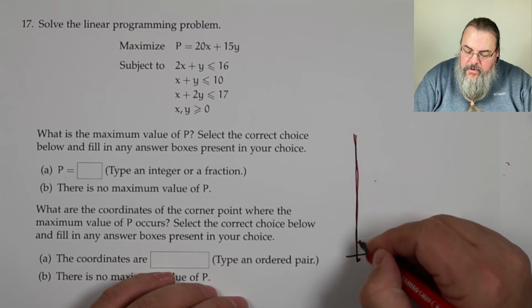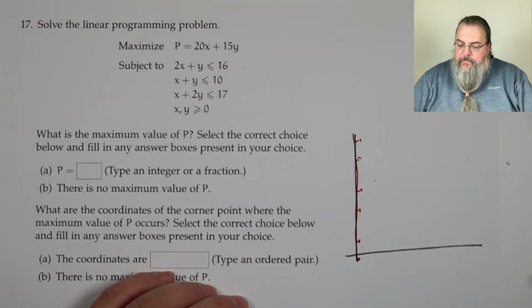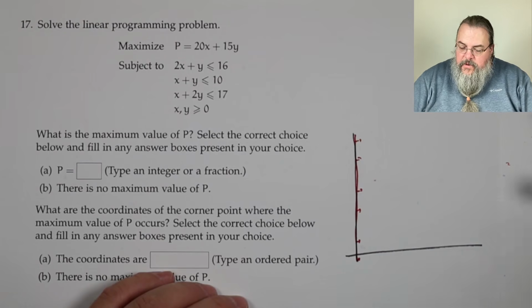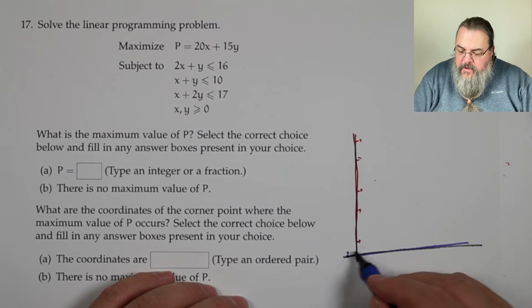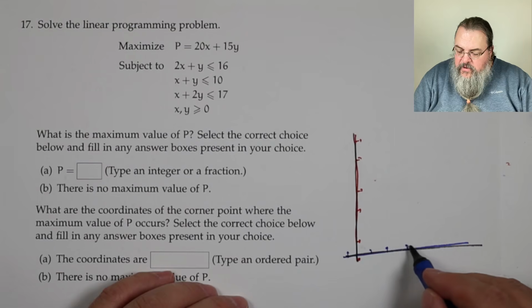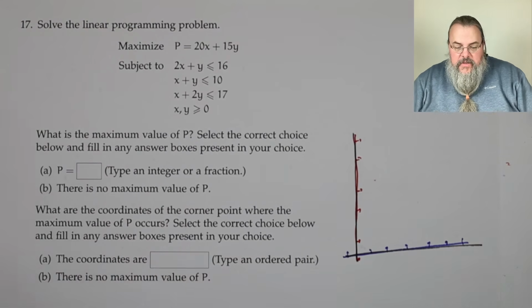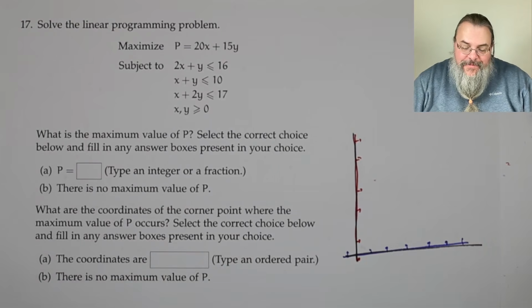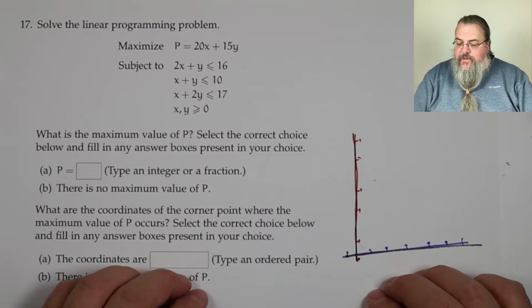Okay, so we know we want to be in the first quadrant. All right, no big surprises there. And we know we're above the x-axis to the right of the y-axis.